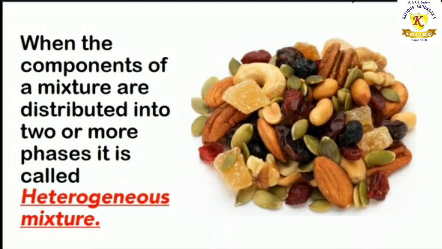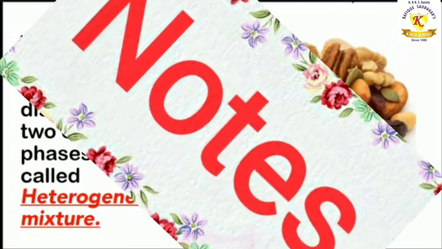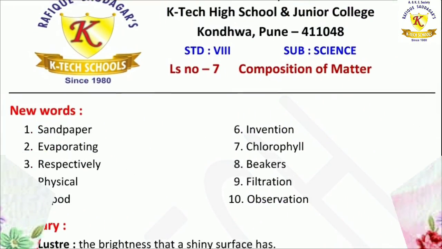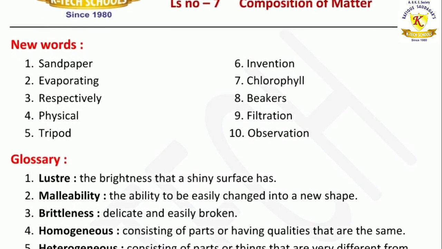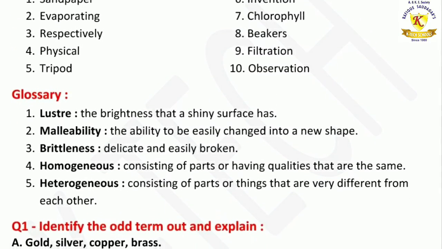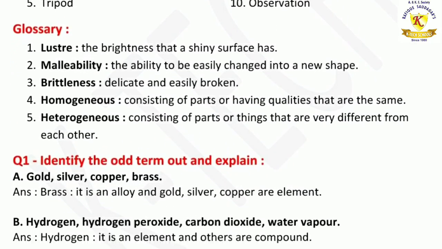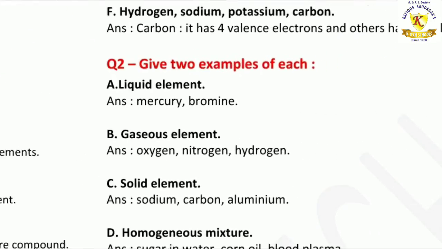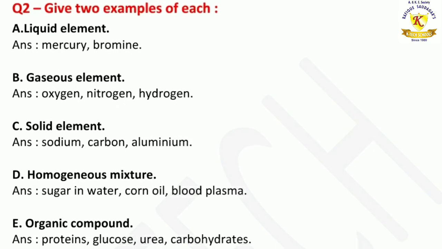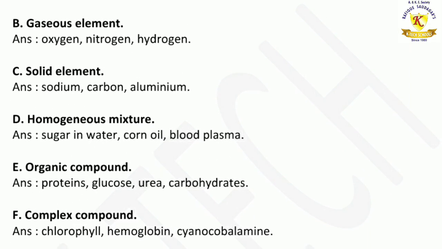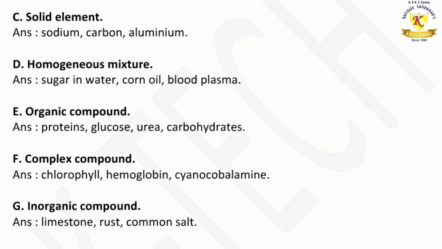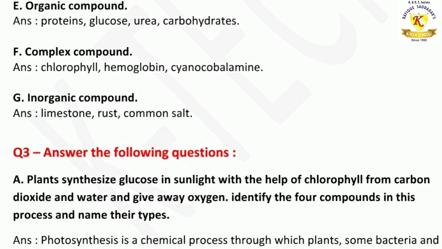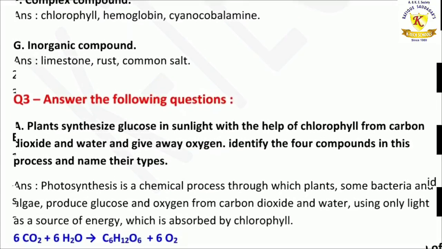Understood, children? Now, let's take a look over the notes for today's topic. First, we write new words followed by glossary. And then question number 1, identify the odd term and then explain. Question number 2, give examples of each one of the following. And question number 3, answer the following questions.